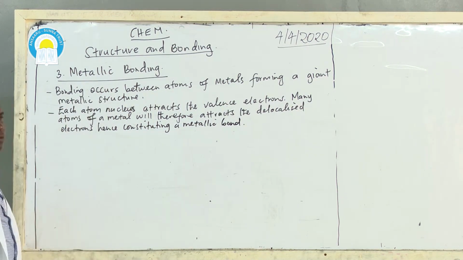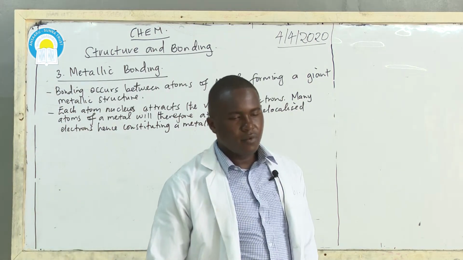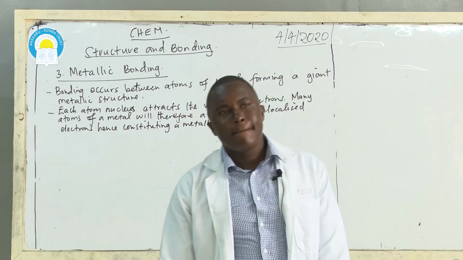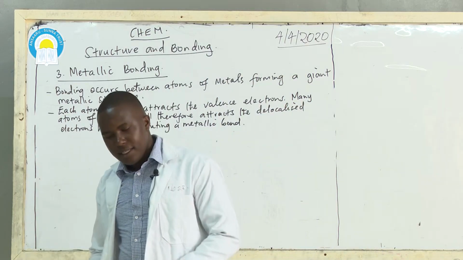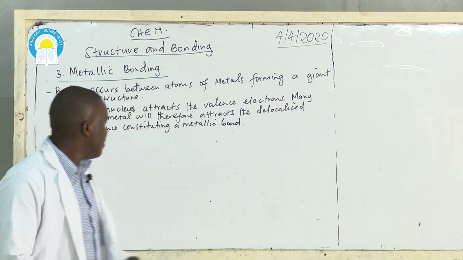So always the metallic bond is the attraction of the nuclei of those atoms, which attracts their valence electrons. So that attraction will constitute a metallic bond.